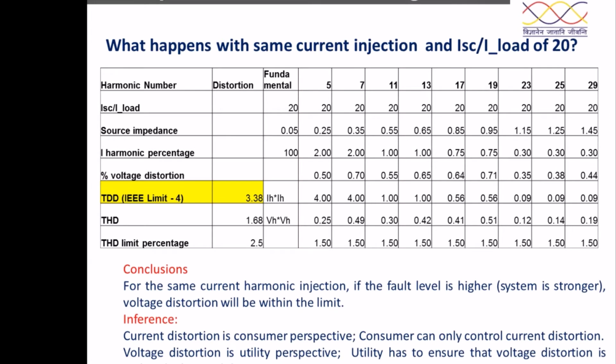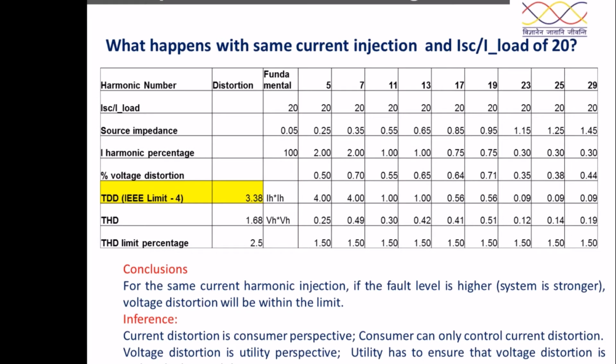If the utility finds that a particular consumer is injecting current and, as per ISC by IL, is higher, or even if it is acceptable, voltage distortion is coming higher because many consumers are getting connected, what he has to do is, the person injecting the harmonic current should provide the filter or get connected with a higher voltage level.